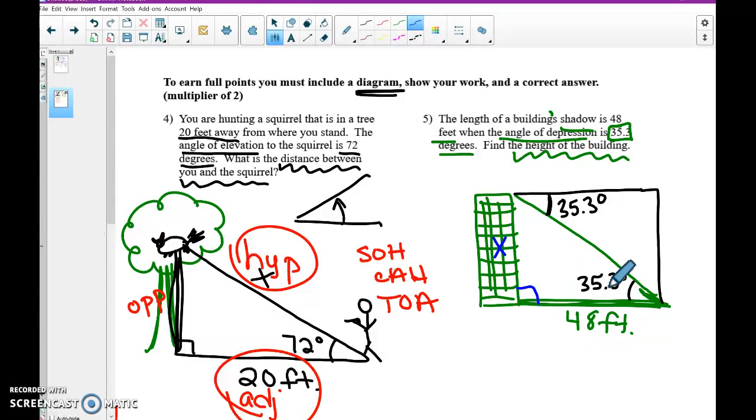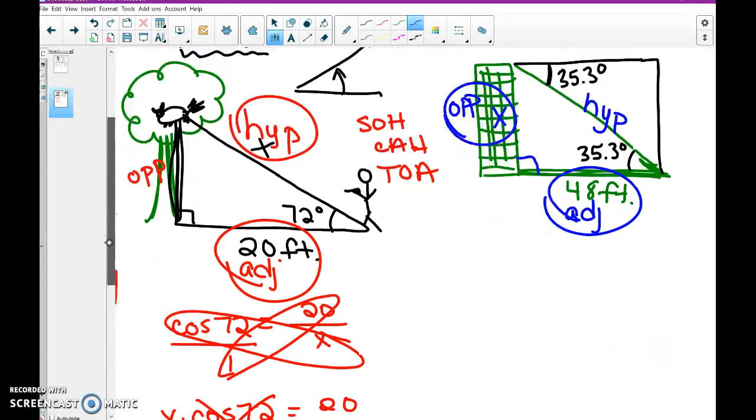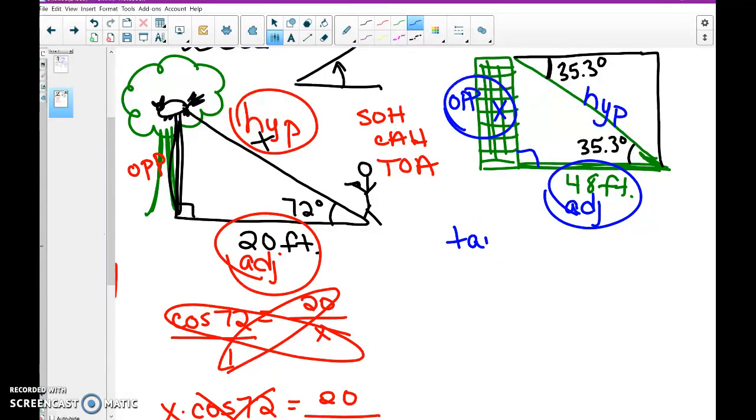So the angle's here, so this is our opposite, this is our adjacent, and this is our hypotenuse. Okay, so we're using the opposite and the adjacent side. If you check your SOHCAHTOA, that should be tangent. Tangent of 35.3. Yes, you can have a decimal for an angle, it's okay.